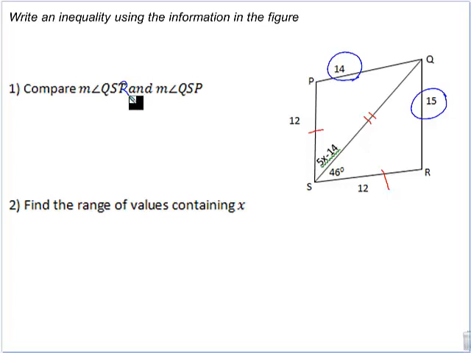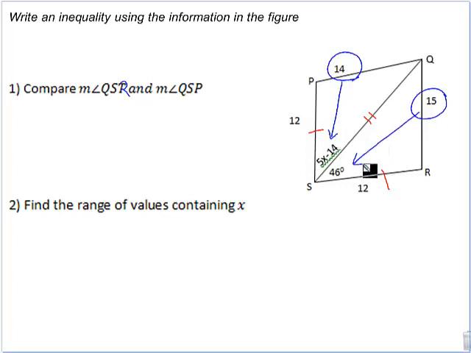Now take a look at the diagram. The two sides that we have are 14 and 15. Which one is less than the other? Here 14 should be less than 15, correct?